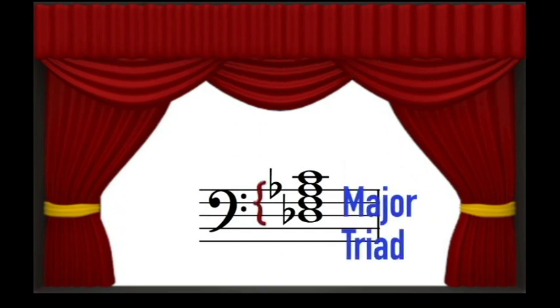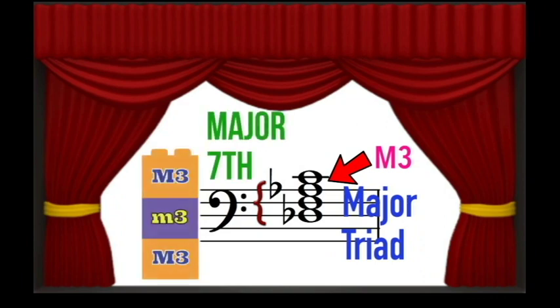Did you note the clef on this? If you did, you'd see we have a major triad with a major third on top, and that is a major seventh chord.